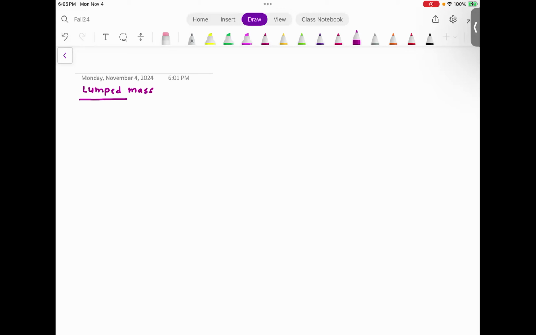Lumped mass assumption means that the total mass of the robot, either the robot joint or the robot link, is located at one point.